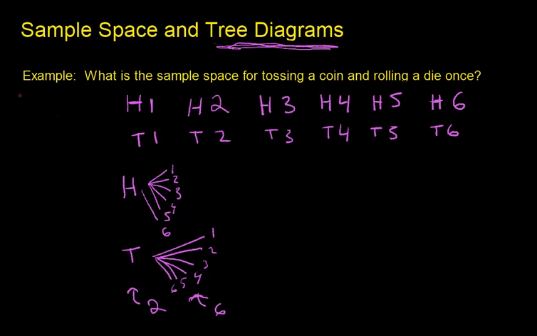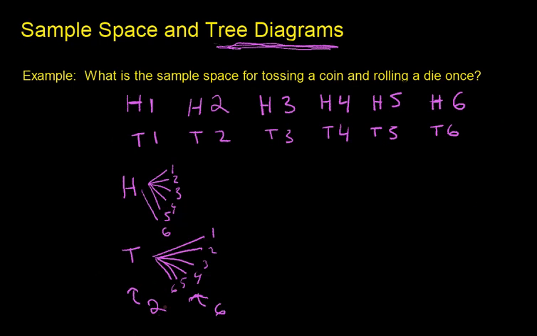So when you're reading a tree diagram, you read the first branch, H. Then you read 1, so H1, and then H2, H3, H4, H5, H6, which is what we've already listed up top here. All right, then tails 1, tails 2, tails 3, 4, 5, 6, right? So that's the listing that we have here.